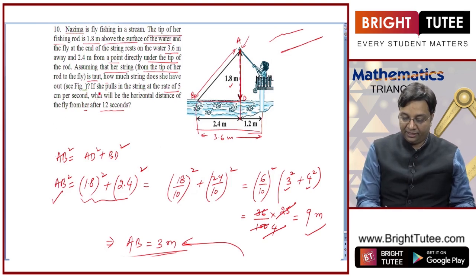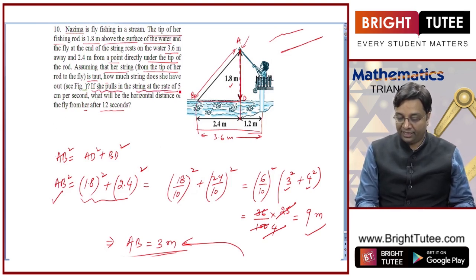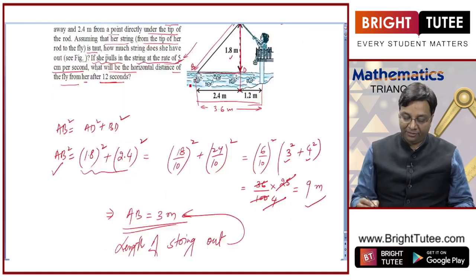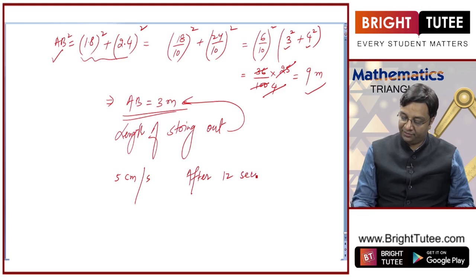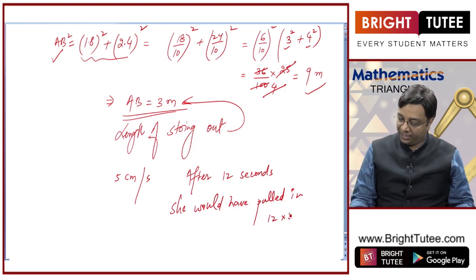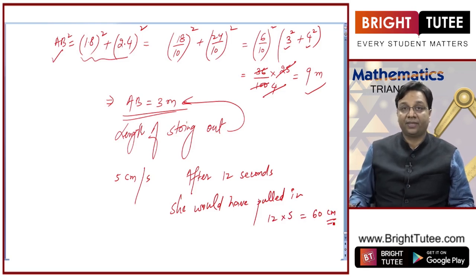Now the second thing that I need to know is, if she pulls in the string at a rate of 5 centimeter per second, what will be the horizontal distance of fly from her after 12 seconds? So 5 centimeter per second, after 12 seconds, she would have pulled in 12 into 5, that is 60 centimeters of the string, right?